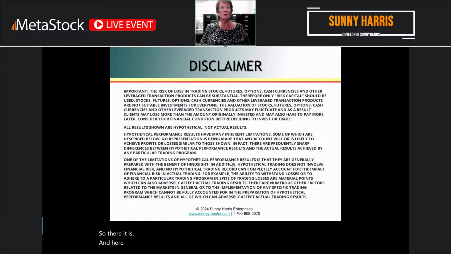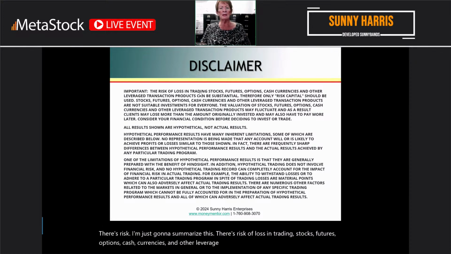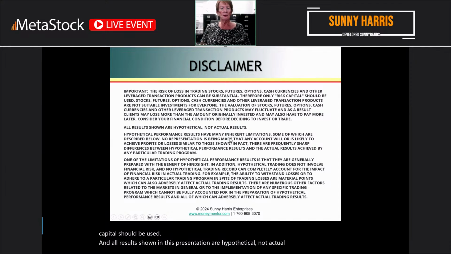And here is the disclaimer. Just like Jeff said, there's risk. I'm just going to summarize this. There's risk of loss in trading stocks, futures, options, cash currencies, and other leveraged transaction products can be substantial. Only risk capital should be used. And all results shown in this presentation are hypothetical, not actual results. And there's limitation to how much those can do.